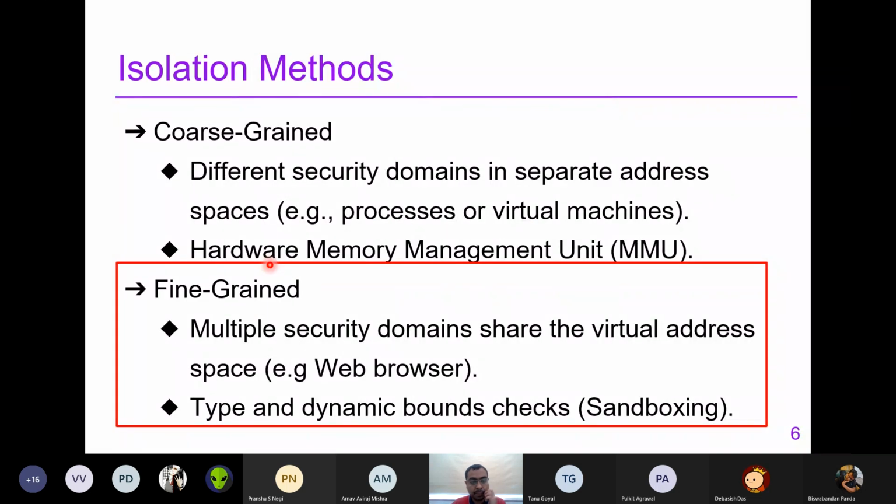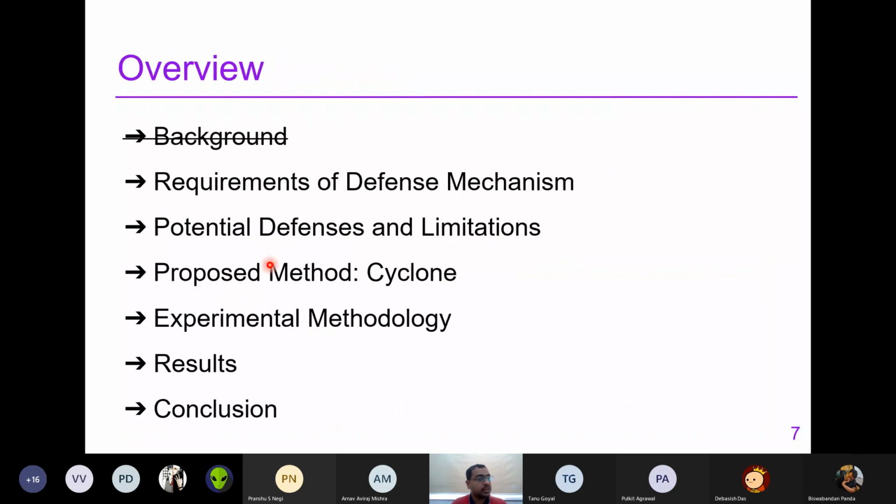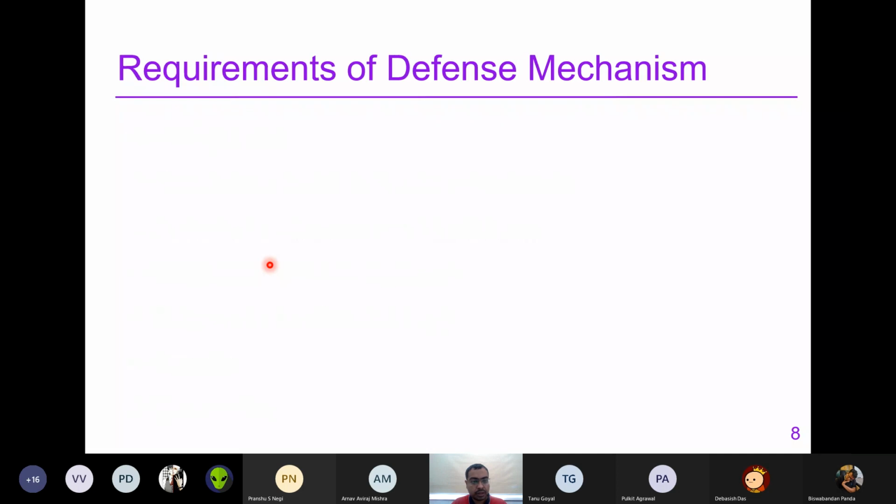For the paper, this is the main attack model, the scenario they are considering. Attacks on this fine-grain model are what they want to detect. Next, moving on to the requirements of defense mechanisms.